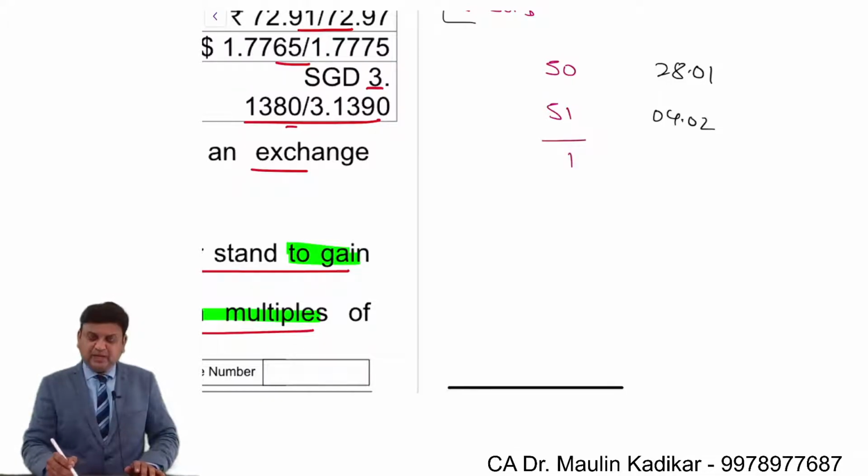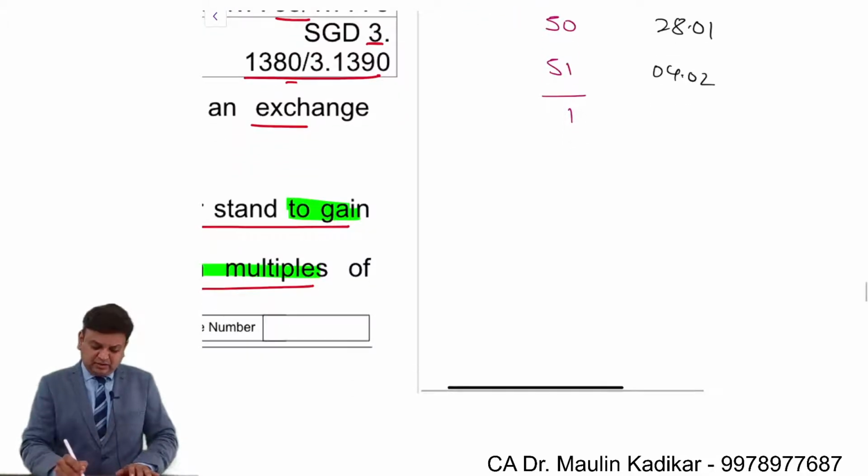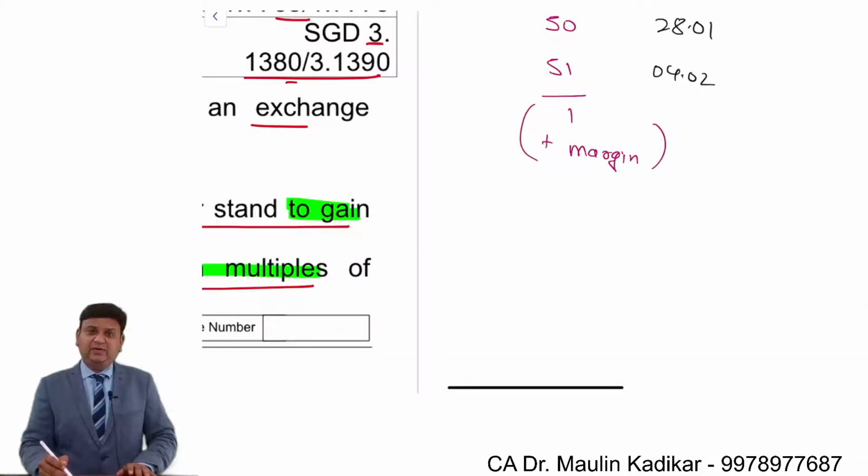So it is 1 rupee excess that you have to give per Singapore dollar plus margin. This is the amount of the loss that you have. Multiplying with 2.5 million which they have provided, this is the total loss that you will have.